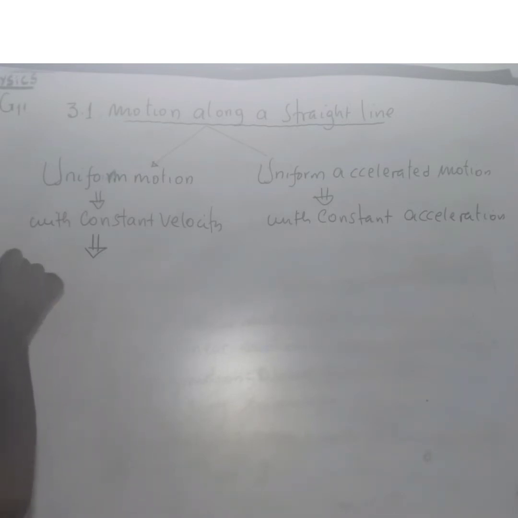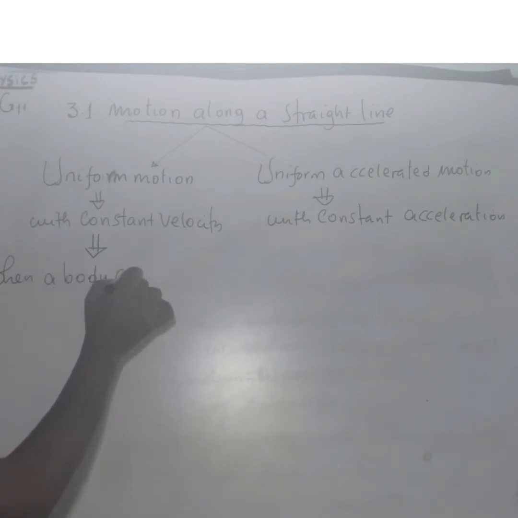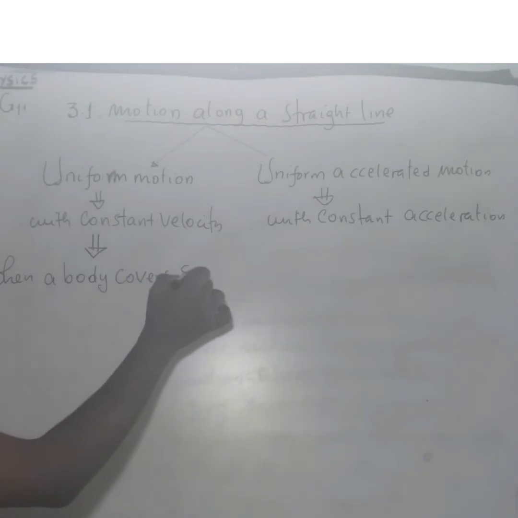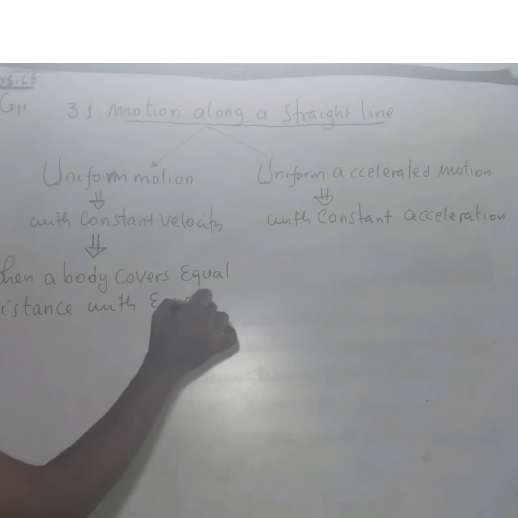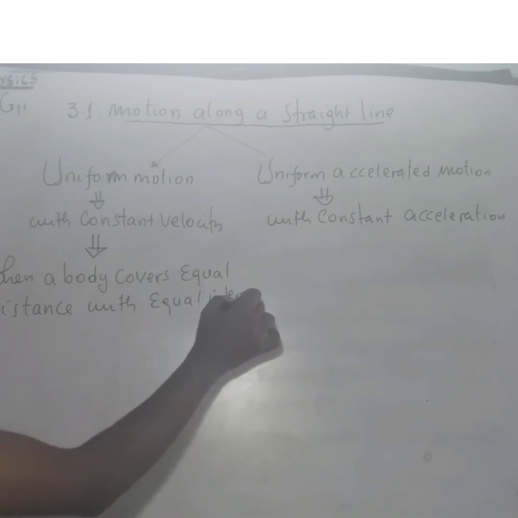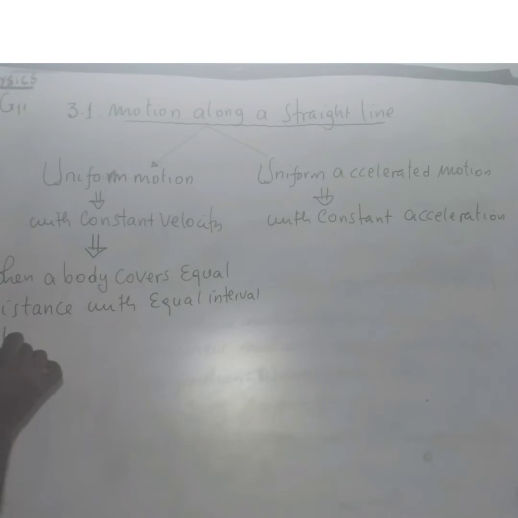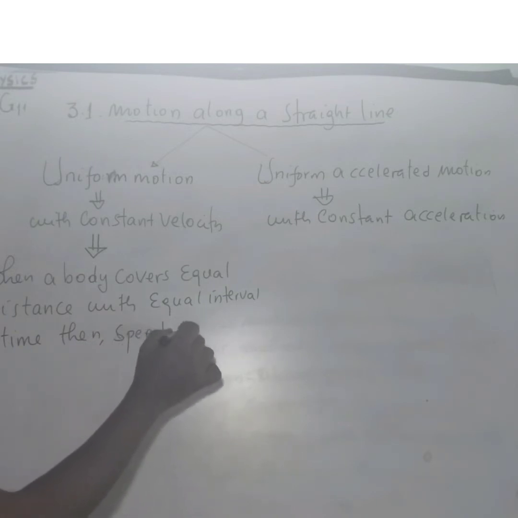This is when a body or an object covers equal distance in equal intervals of time, then the velocity, or speed since it is distance, is constant.